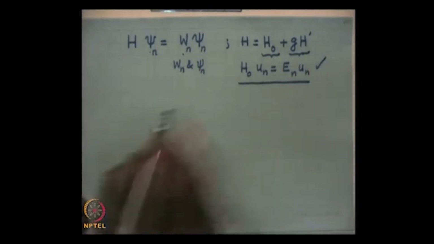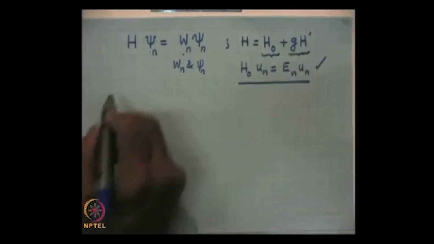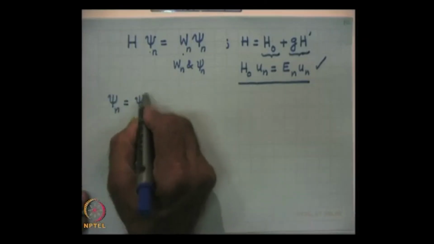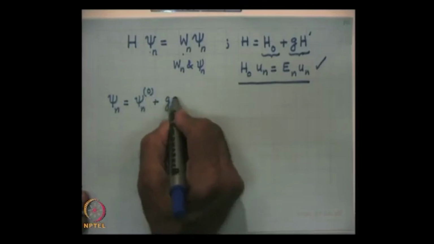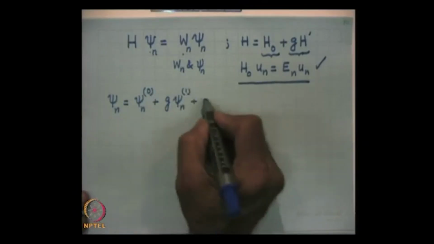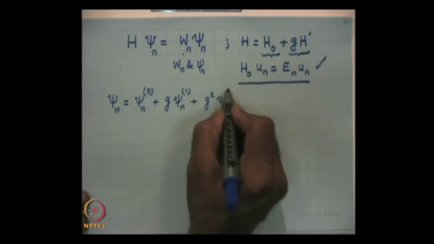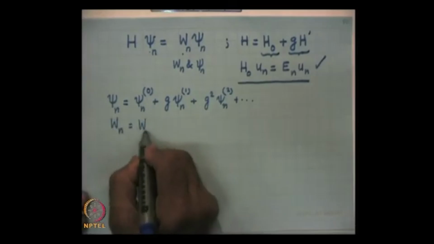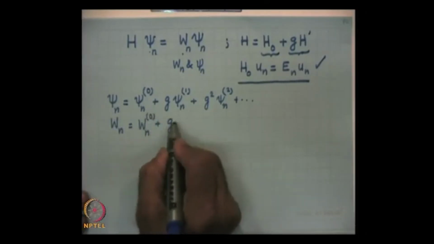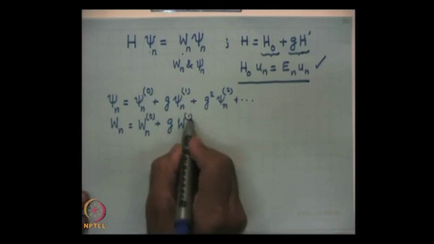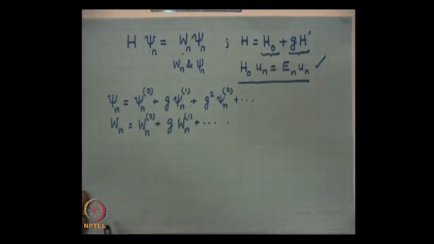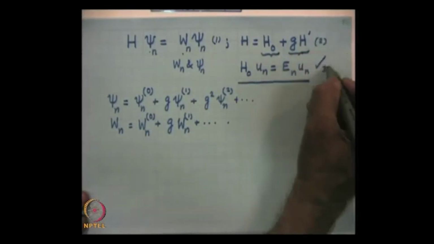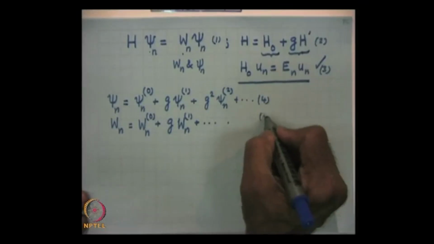So, we introduce the parameter g as I mentioned, and then make a parametric expansion, that is, write psi n is equal to psi n 0 plus g psi n 1 plus g square psi n 2, etc. And similarly, we write W n is equal to W n 0 plus g W n 1 plus g square and so on.